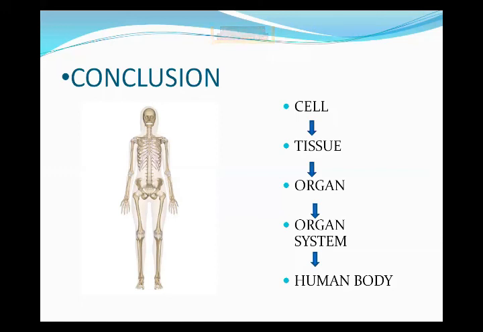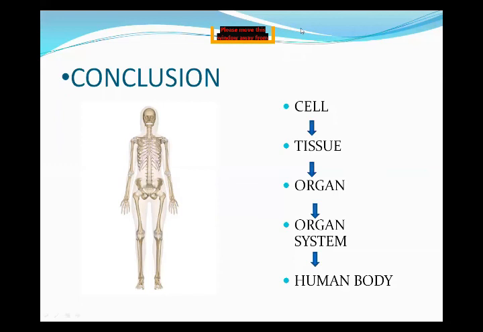There are so many systems which we have shown in your slide, like the nervous system, circulatory system, digestive system, breathing system, skeletal system, and muscular system, which we have already discussed. But in this unit, today we discuss just the skeletal system.